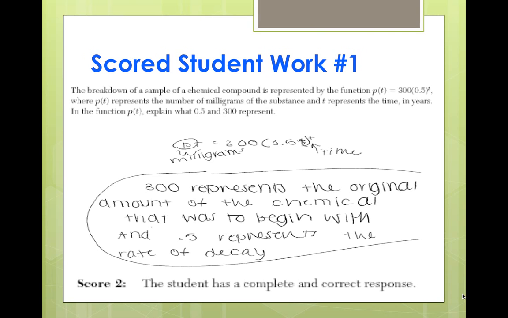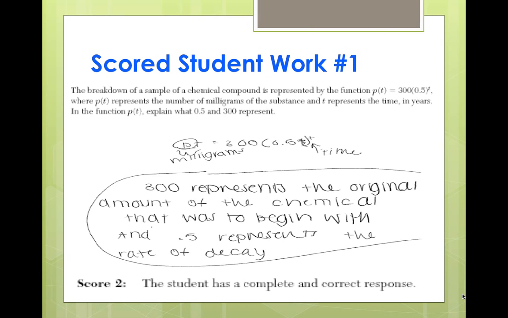So once again, the question was: the breakdown of a sample of chemical compound is represented by the function P of t equals 300 times 0.5 raised to the t power, where P of t represents the number of milligrams of the substance and t represents the time in years. In the function P of t, explain what 0.5 and 300 represent.